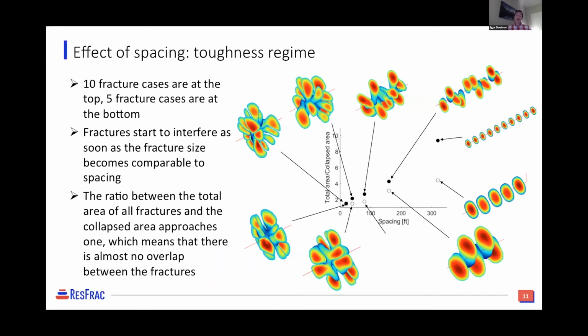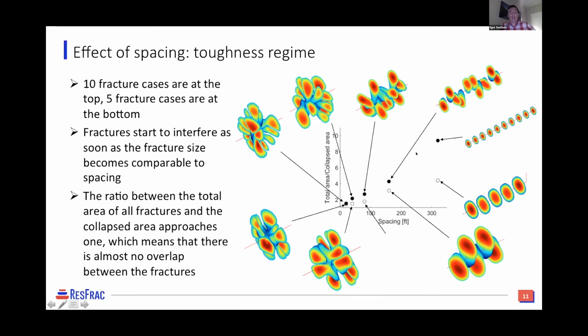We can also investigate the effect of spacing. Before, I wanted to focus on the closely spaced fractures, which is a limiting case when the stage length is smaller than the resultant fracture diameter. Now here we can see what happens as you bring these fractures closer together in the toughness regime.